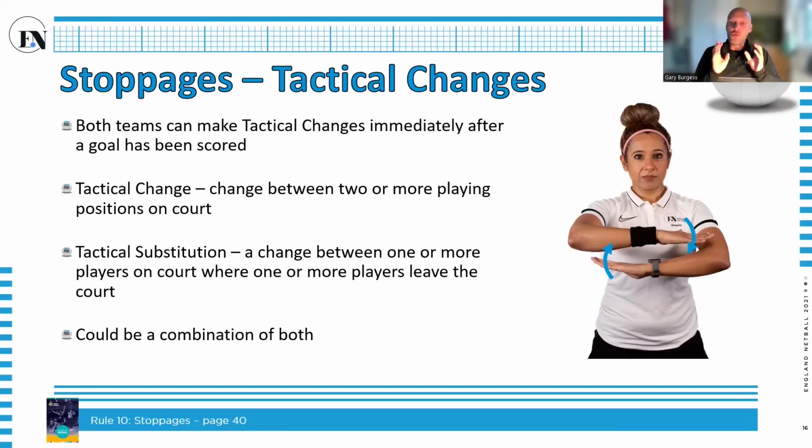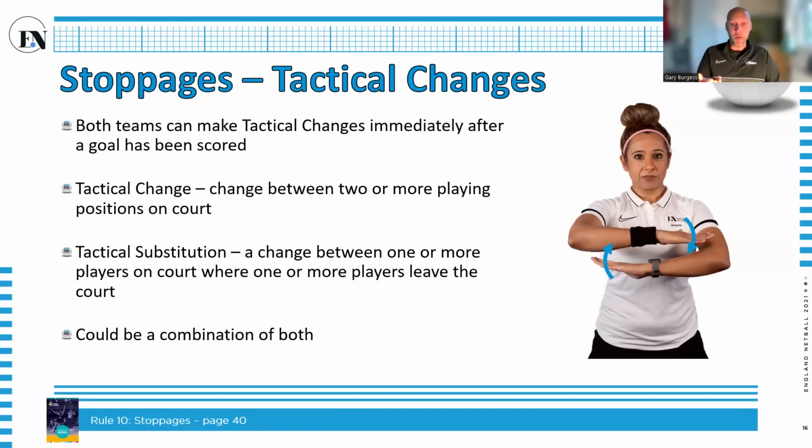Okay, now this is not a rolling sub. Okay, so there's no provision for rolling subs in this game, and if there are any situations where rolling subs are used, netball's not being played to the 2024 rules update, and therefore it's not an approved and authorized version of the game.